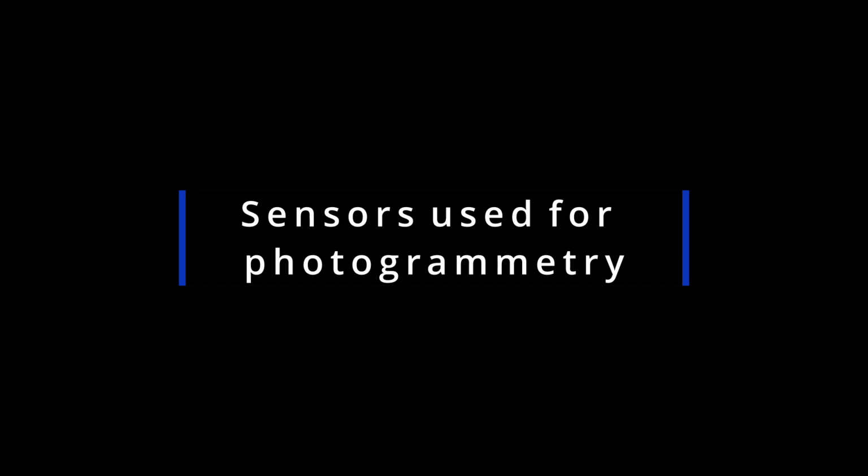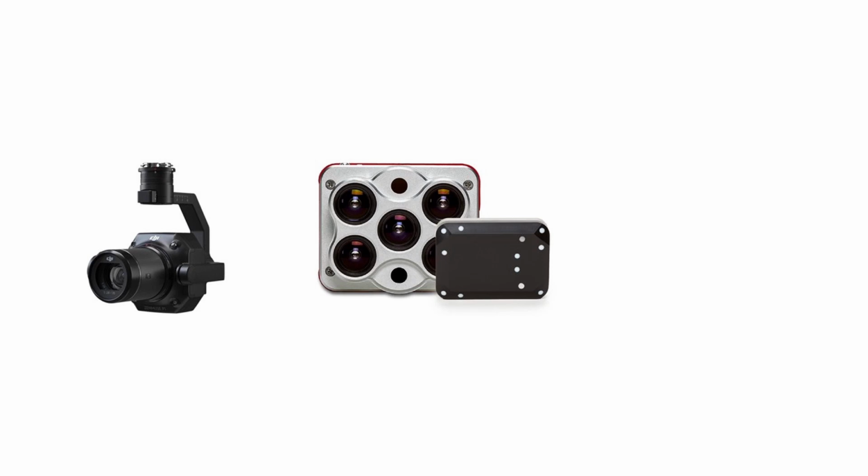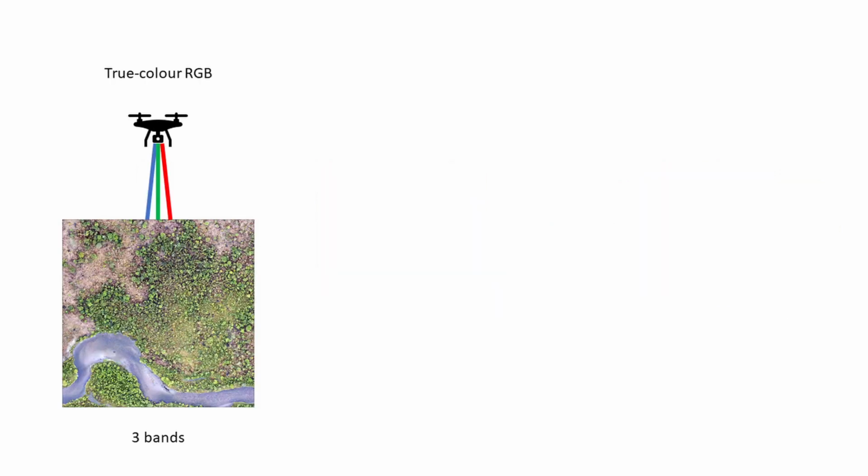Photogrammetry can be conducted using specialized cameras such as RGB, multispectral, or hyperspectral. Most entry-level UAVs come with RGB cameras, which produce a true color image from the combination of red, green, and blue bands. They recreate the vision of human eyes.